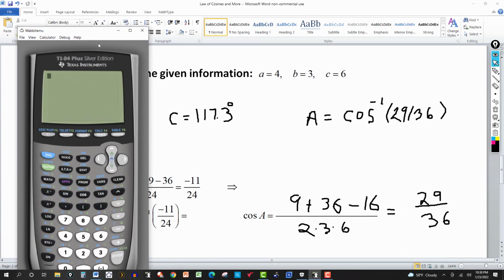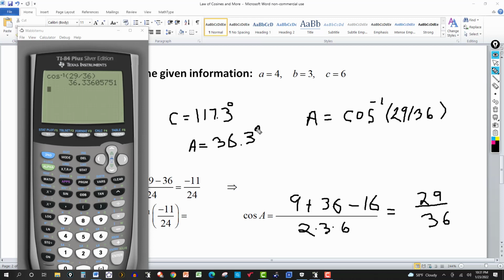We're going to take second, cosine, 29 divided by 36. Hit enter. And we get that A is equal to 36.3, rounded to one decimal place.